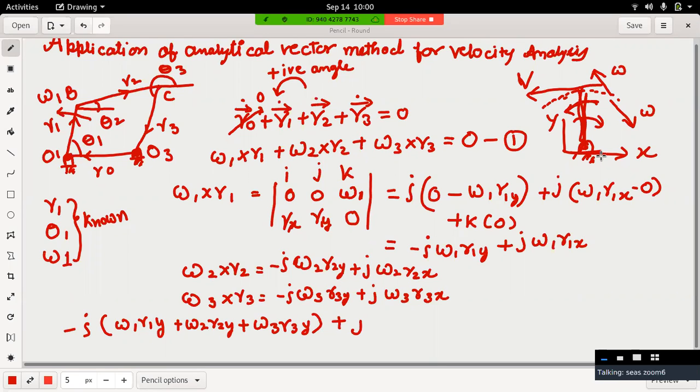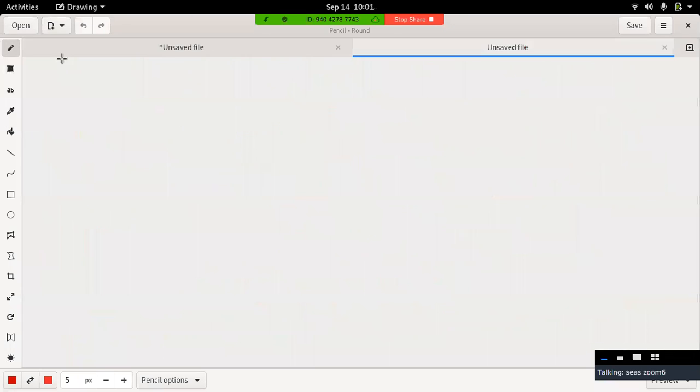Similarly, adding the j component, omega 1 r1x plus omega 2 r2x plus omega 3 r3x is equal to 0. Since this equation is 0, it also means that the individual components belonging to I and j should also be 0. So I'm just writing the individual components equal to 0.